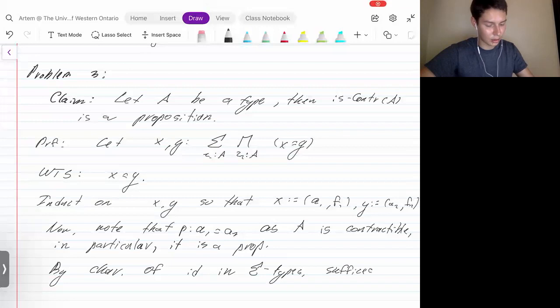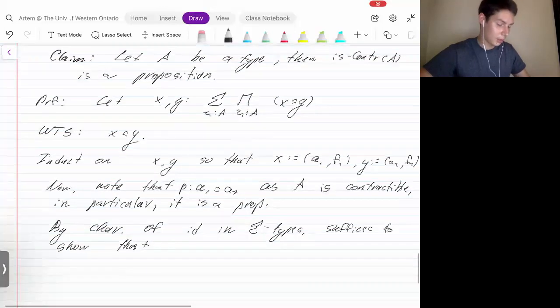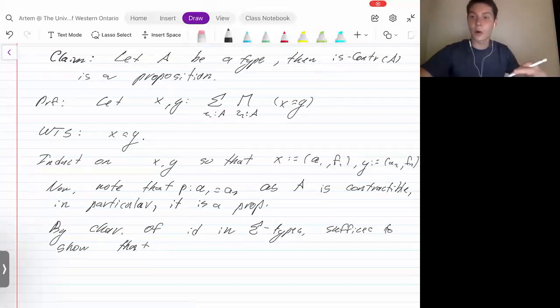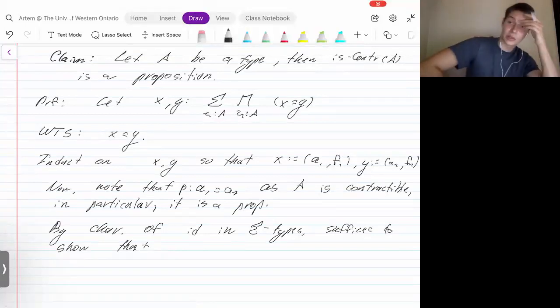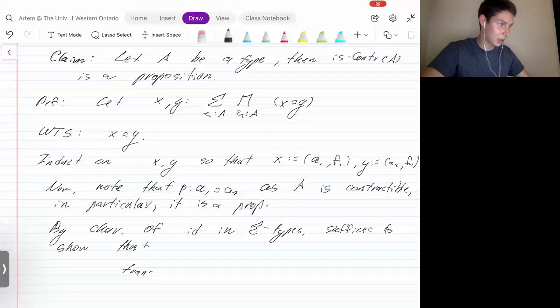It suffices to show that, what do we need? Well, we need to transport one of the elements of the second part of the dependent pair using P, and then show the needed equality. So we transport P F1 and ask if it's still equal to F2.